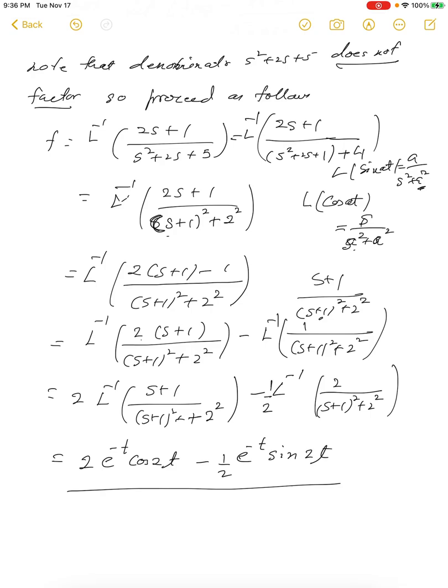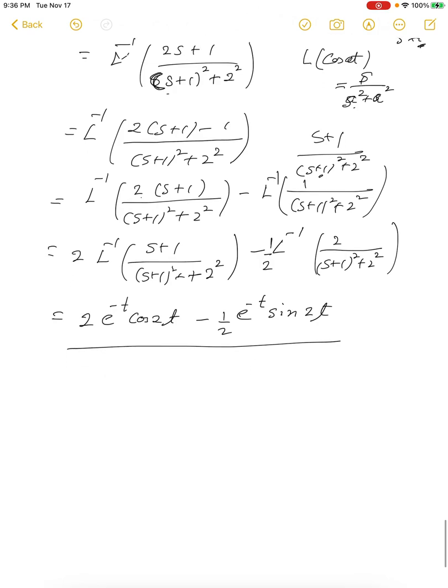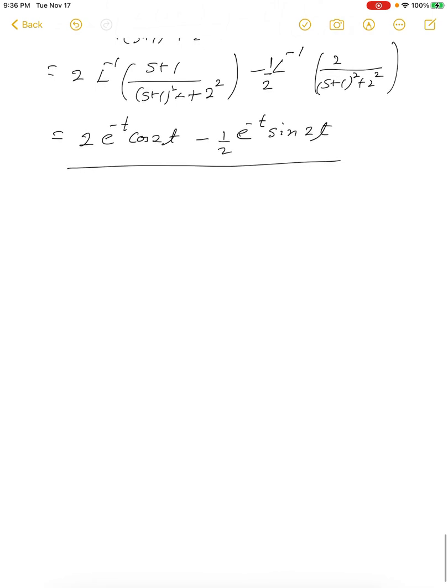So this is a prototype of a problem where you see how you can use shift formula 1 combined with the trick of completing squares to find the inverse transforms. And this is what you will use typically when your LF is having a denominator which is an irreducible quadratic.